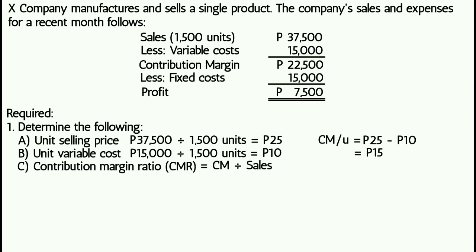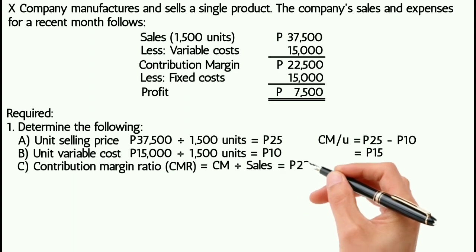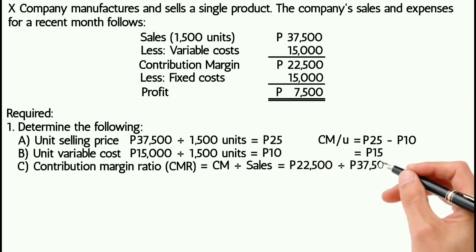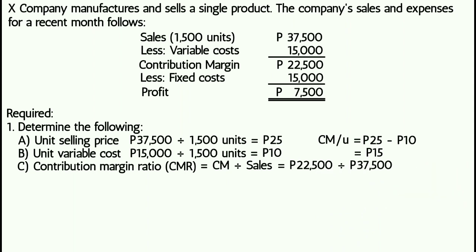Ang contribution margin ay 22,500 pesos at ang sales ay 37,500 pesos. So 22,500 pesos divided by 37,500 pesos, that is equal to 60%. Therefore, the contribution margin ratio or the CMR is 60%.